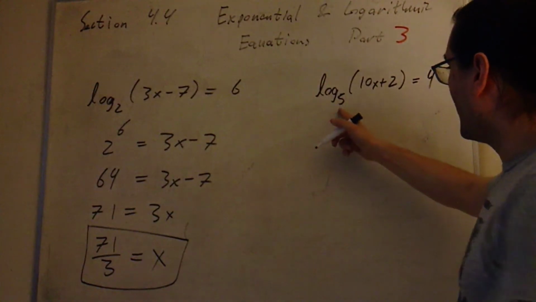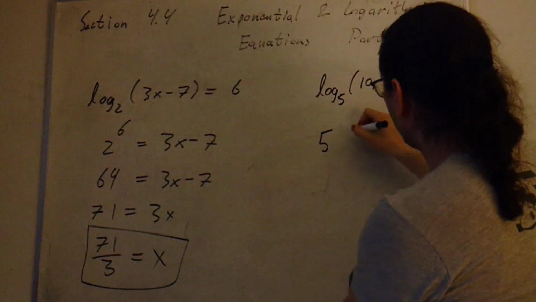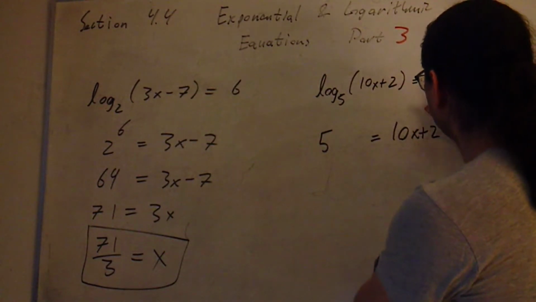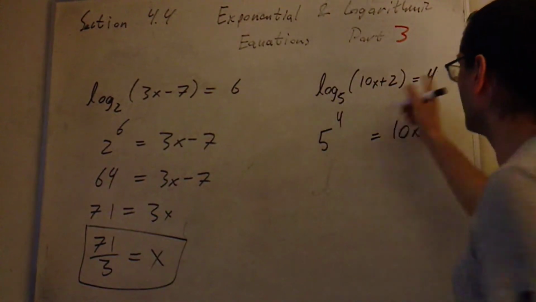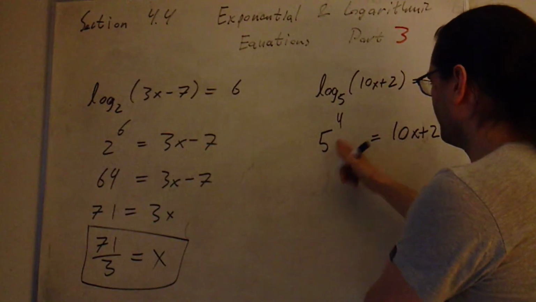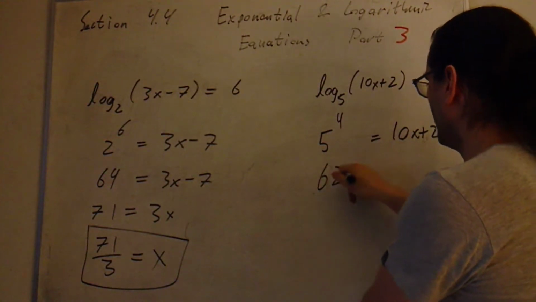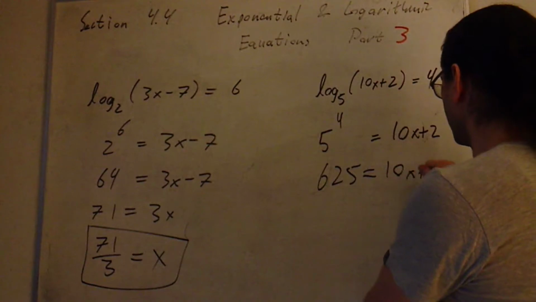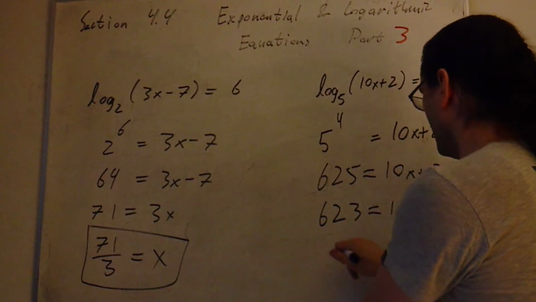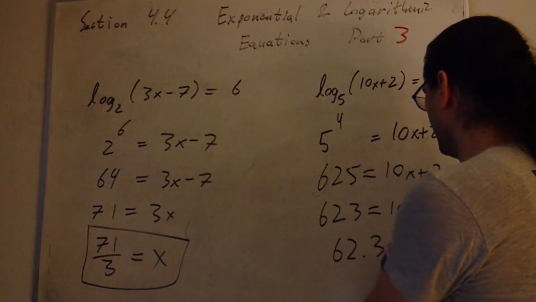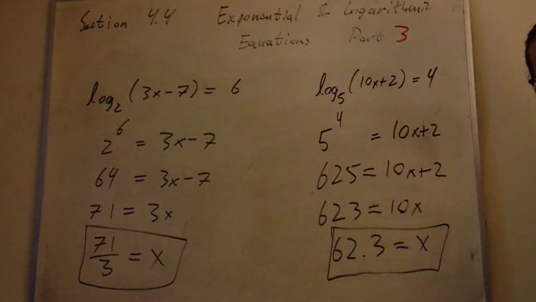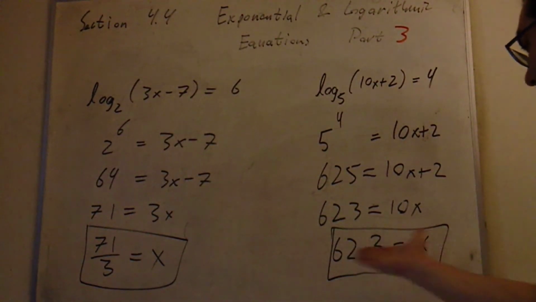This means what exponent am I putting on top of 5 to get 10x plus 2? 4 is the exponent you put on top of 5 to get 10x plus 2. So 5 to the 4th is 625 equals 10x plus 2. So 623 is 10x. And 62.3 is x. That's it. That's all you got to do.